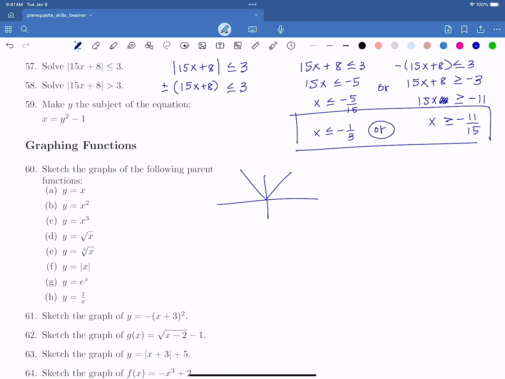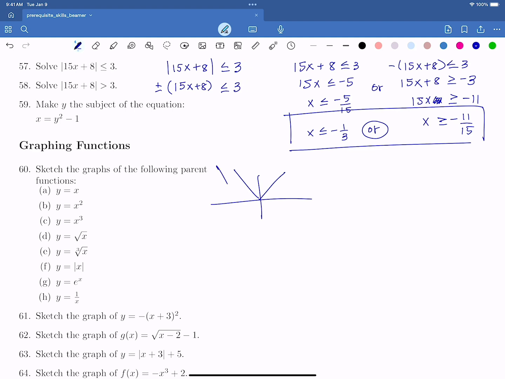So this is going to be stretched and shifted, so maybe it looks something more like this. We want to know where it is less than or equal to 3. Since it's a less than or equal to, it's going to be an in-between. Now, which of these numbers is bigger, negative 1/3 or negative 11 over 15?